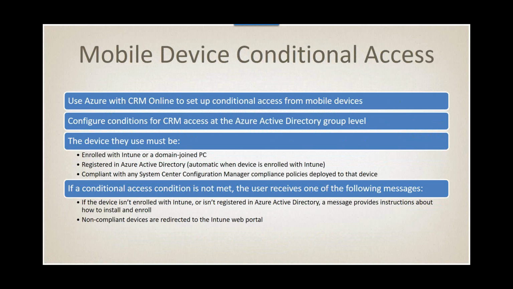When you hit a condition where the access condition is not met, the user will get a message saying either your device isn't installed or enrolled in Intune, and it will give you instructions on how to install and enroll it. If it's a non-compliant device, they will be pushed over to the Intune web portal, which will give them advice about what to do next.